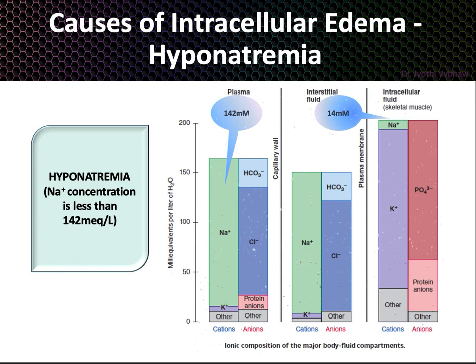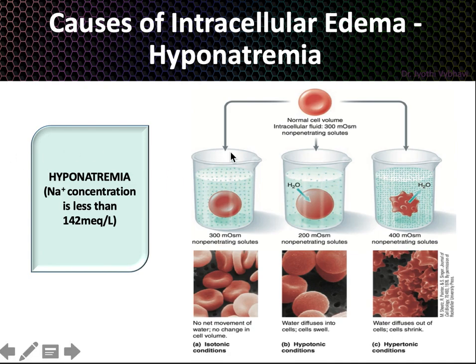Now, do you remember this picture here? We had done this experiment where we put red blood cells in different tonic solutions, isotonic and hypotonic, and we saw what happened to the red blood cells.